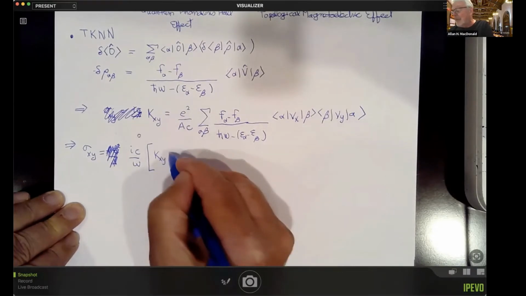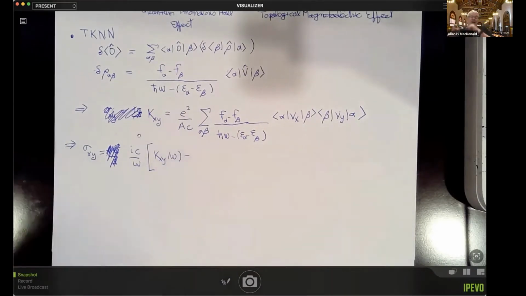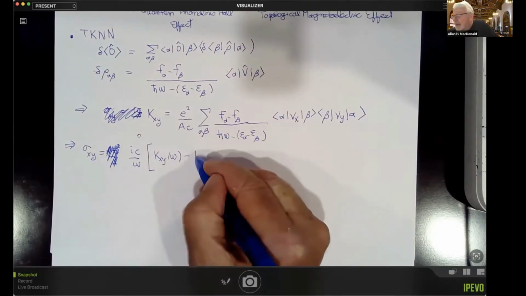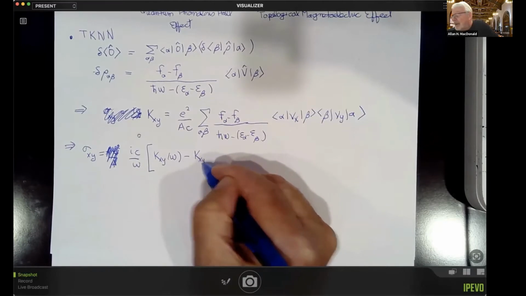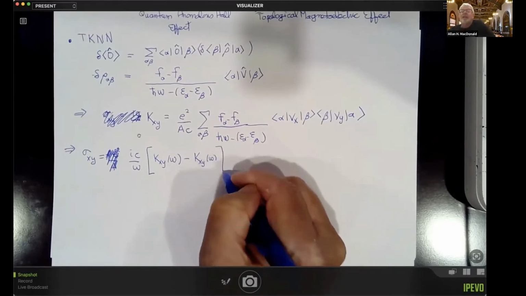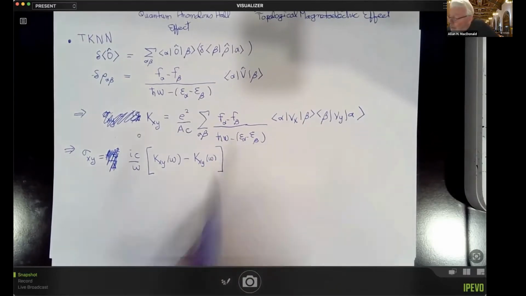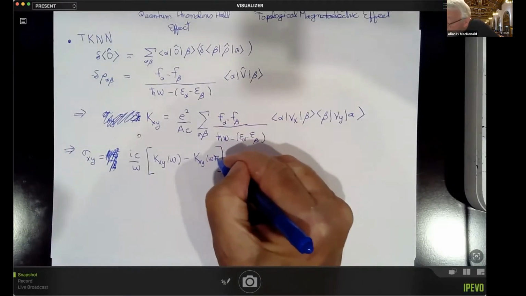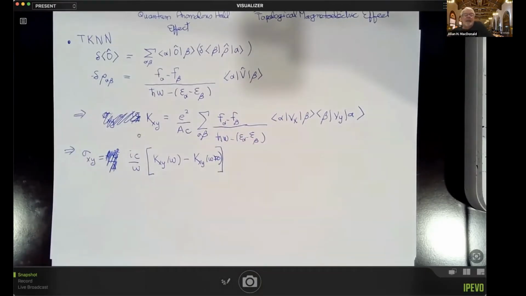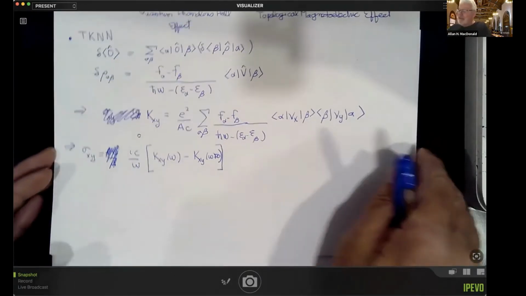And then we have to remember that there are so-called diamagnetic currents: the current operator changes when the vector potential changes. We can account for that simply by putting in the factor that makes the conductivity go away in the limit that the vector potential is not time dependent, so it doesn't give an electric field.